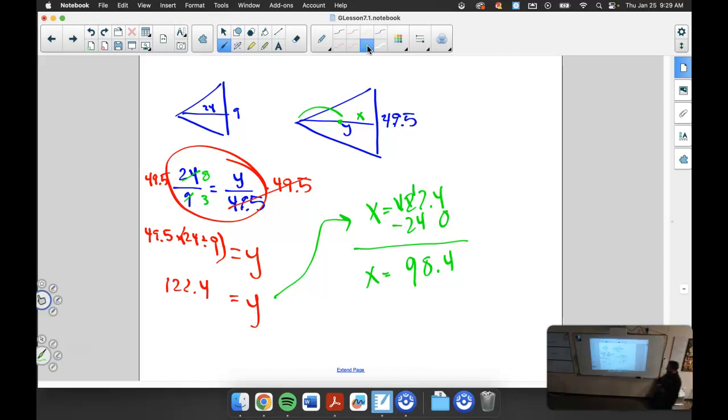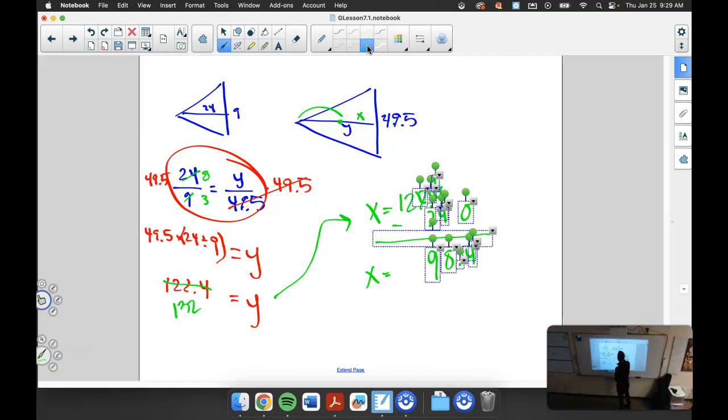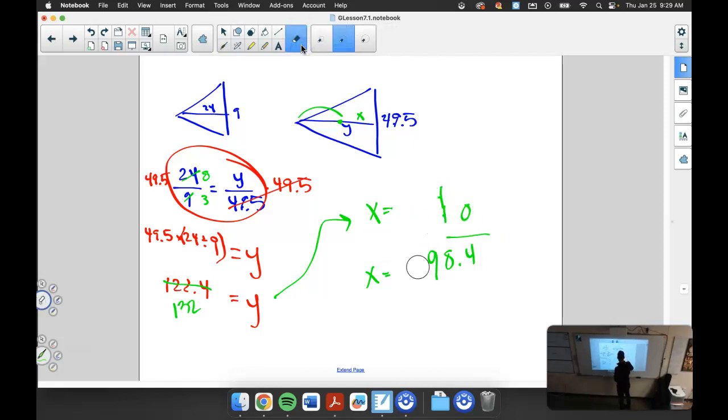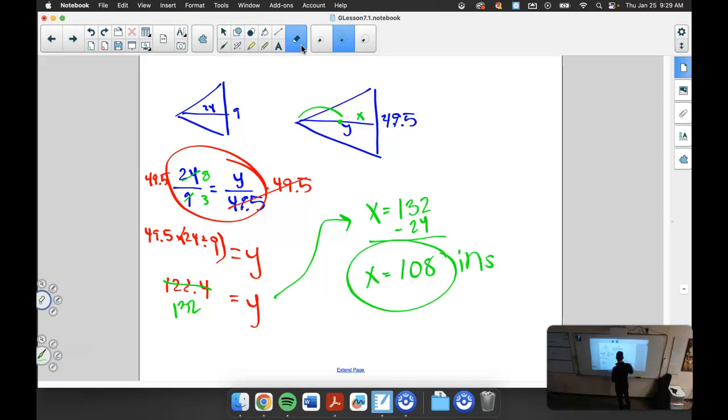Okay, I got that too. 132. That makes it nicer, doesn't it? 132 minus 24 is 108. Okay.